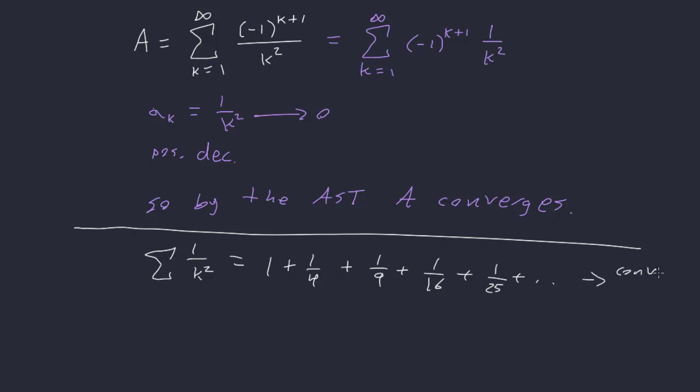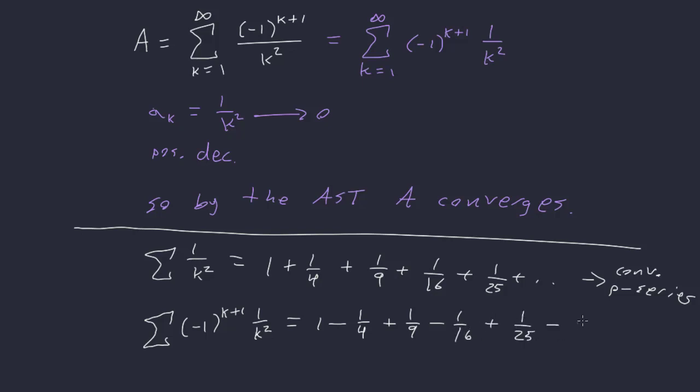It's a convergent p-series. So all the alternating version does is this. It starts at 1, but then it subtracts the 1/4. Then it adds the 1/9, then subtracts the 1/16, adds the 1/25, subtracts the next one will be 1/36, and so on and so forth.